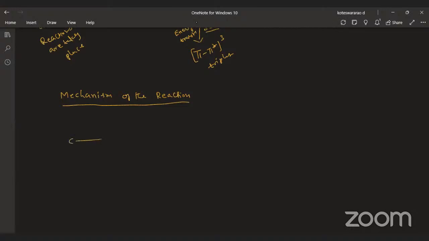This is the carbon-carbon double bond, and it is attached with the phenyl ring. Imagine it is a flat molecule. While you are observing the molecule, the hydrogens are near to you and the phenyl group is far away, right?